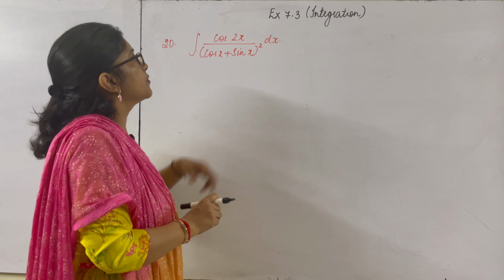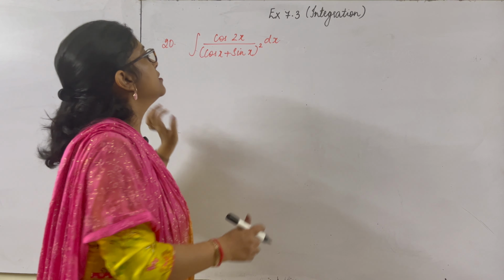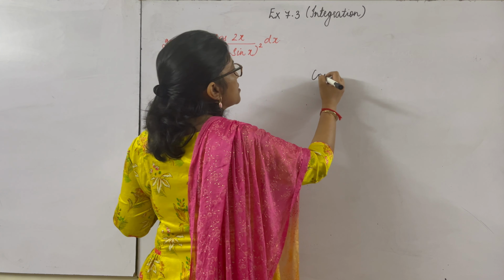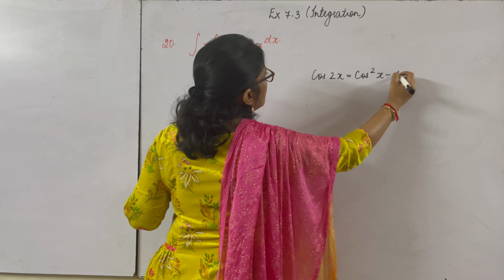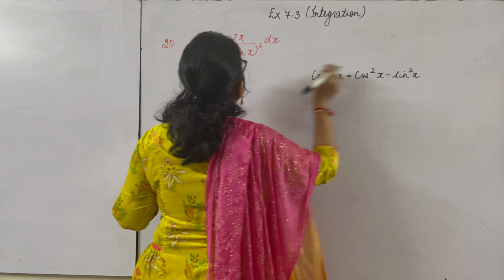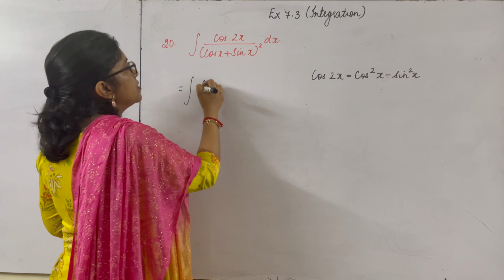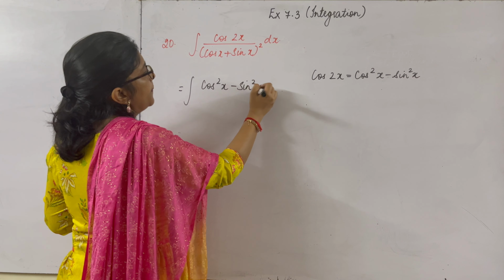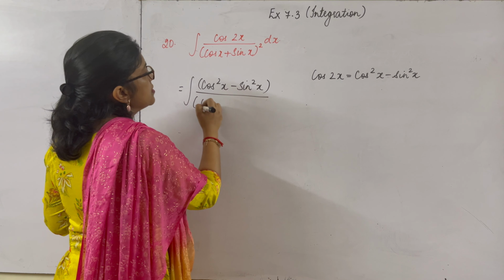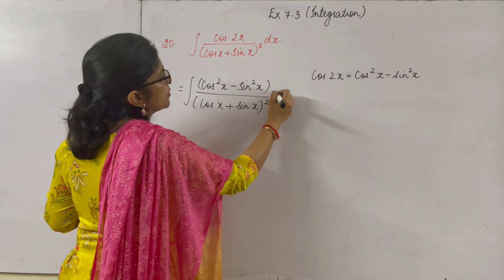So once again we are with cos 2x and x as the other angle. So we will substitute cos 2x over here as cos square x minus sin square x, since in the denominator we have cos x plus sin x, both the functions. So this becomes cos square x minus sin square x, and the denominator is cos x plus sin x whole square.